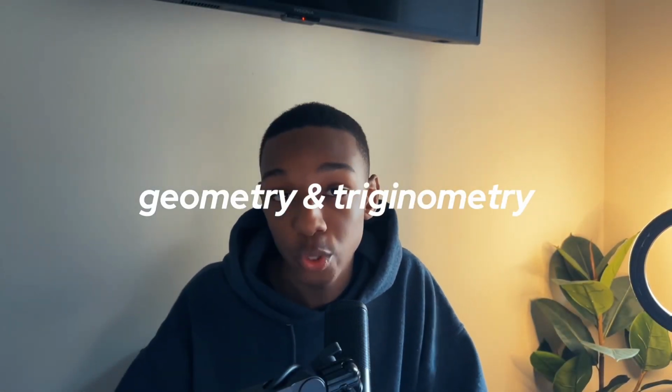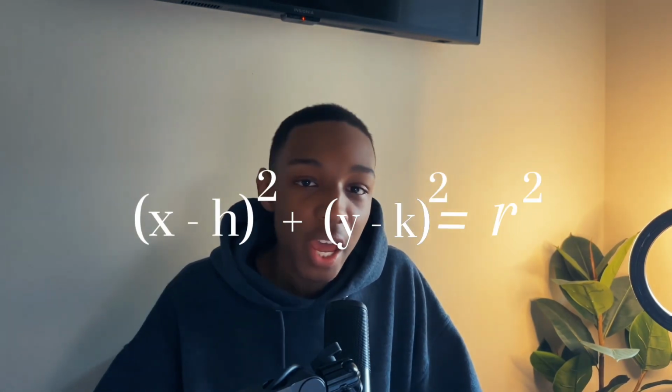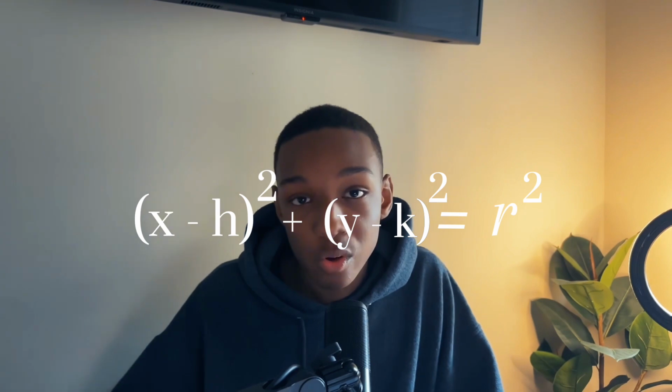And then there was the geometry and the trigonometry. Okay, so with the geometry and trigonometry questions, I pretty much got a bunch of circle questions and rectangle questions. They were asking me about the equation of a circle and how to find the area of a circle, and the same thing with rectangles.